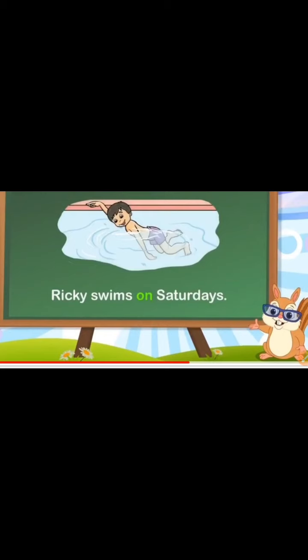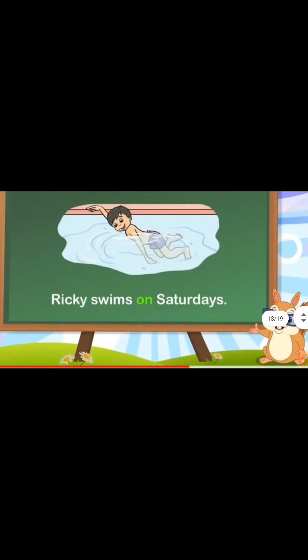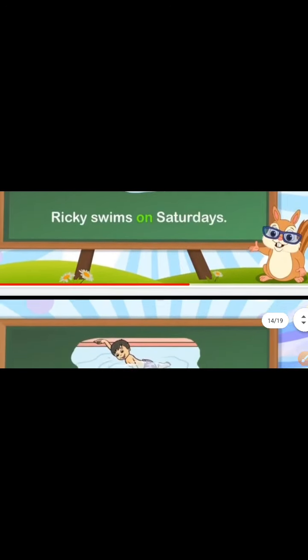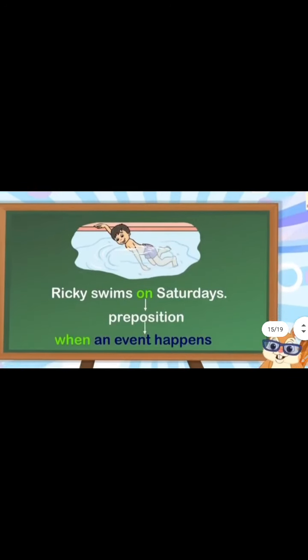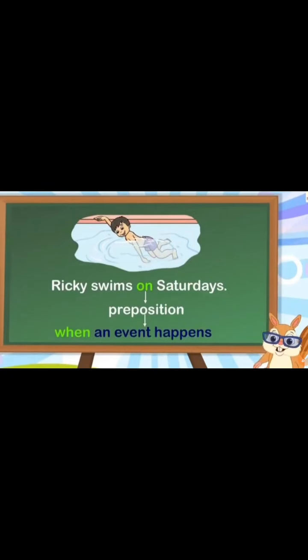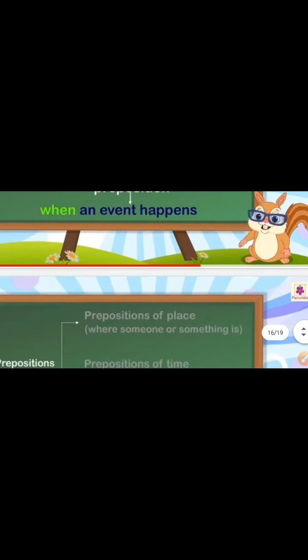So Ricky swims on Saturday. So here on is a preposition. Why? Because this word on is showing when the event happened, and the event is swimming.